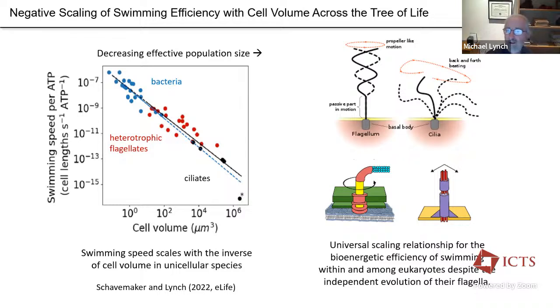And what you may not know is that the flagellum evolved de novo independently in bacteria and in eukaryotes. We both use flagella, but they have totally different mechanisms of operation.